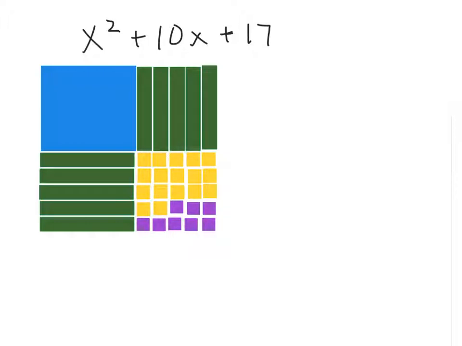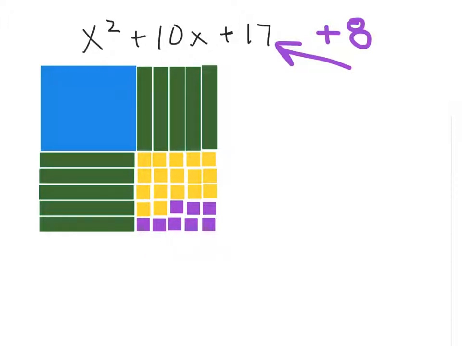Okay, so I can't make a perfect square out of that equation, but I can make a perfect square if I take that equation and add those 8 to it. So now let's take a look at what we get when we add those 8 to it.